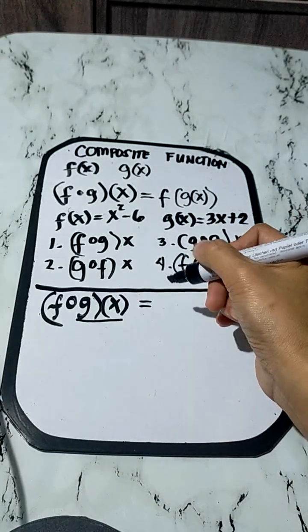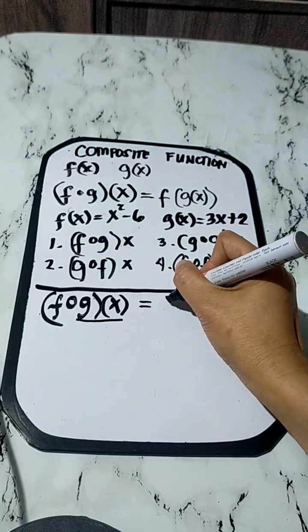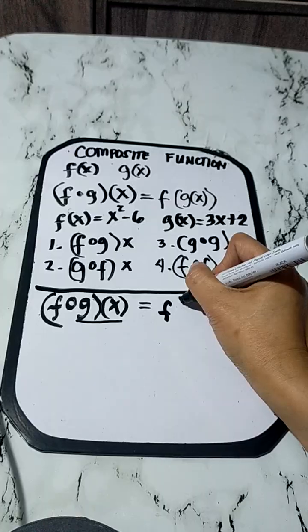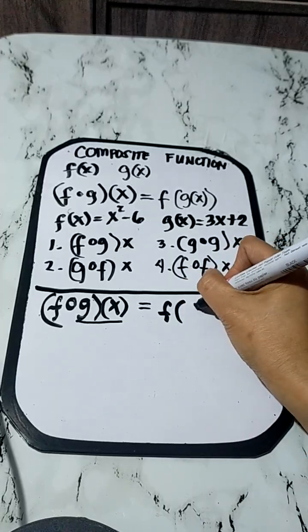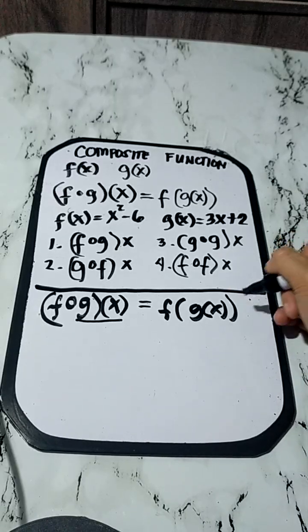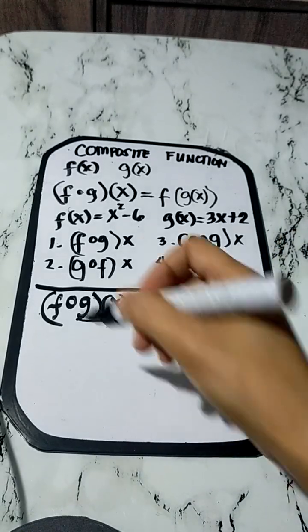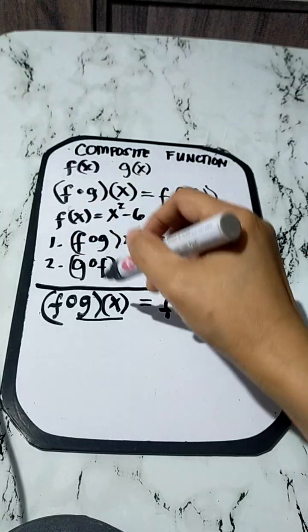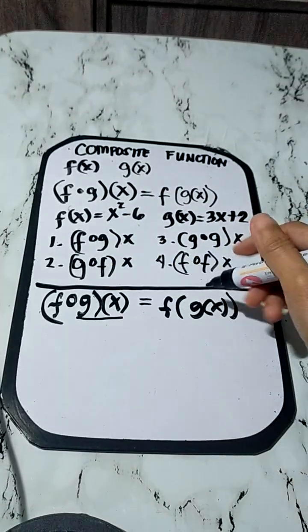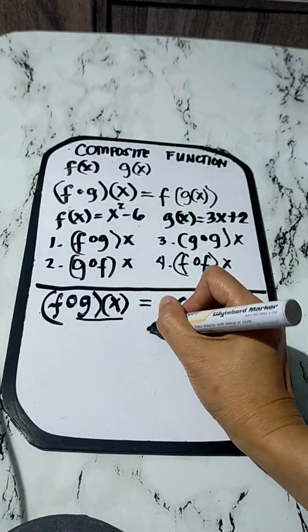Let us solve the output first. This is equal to f of g of x. This is our formula. We will solve the function g of x first.